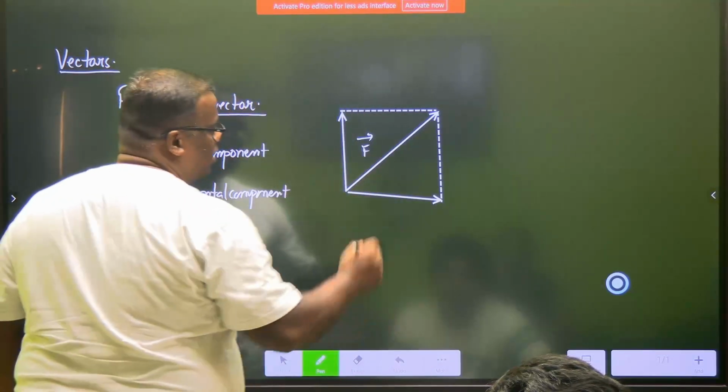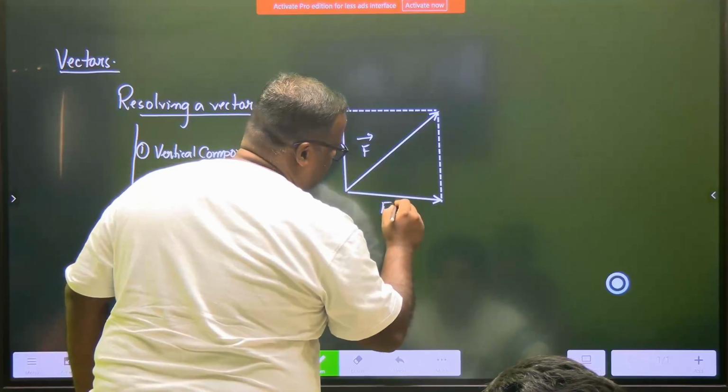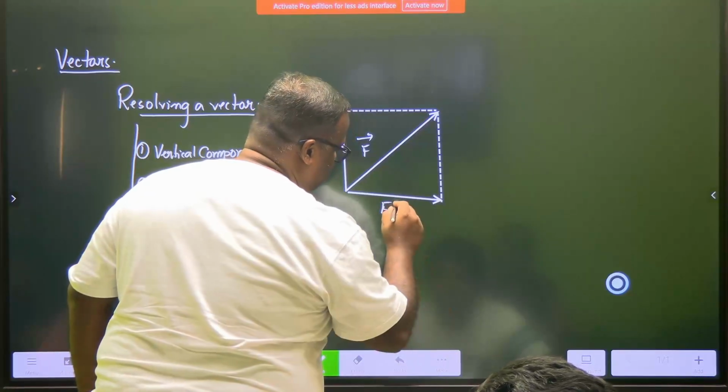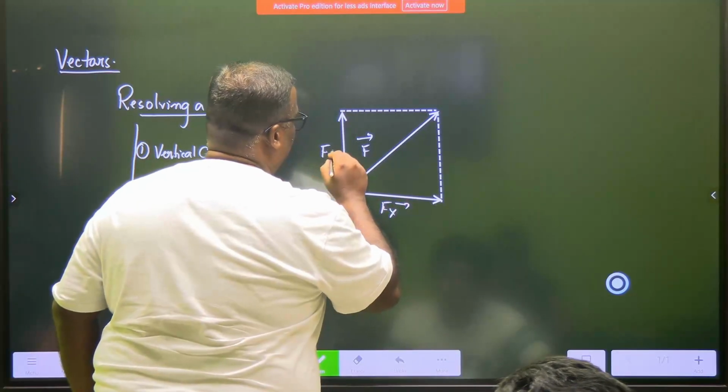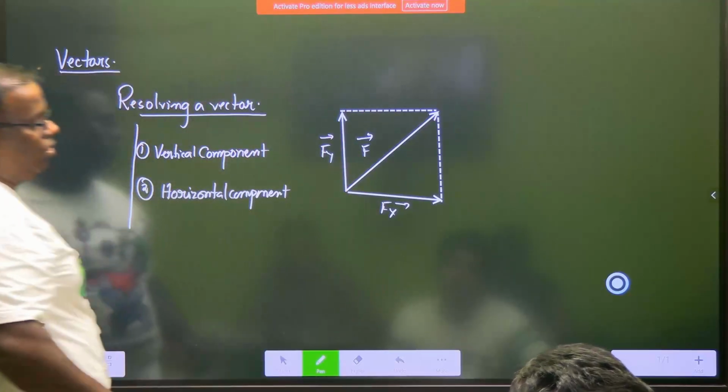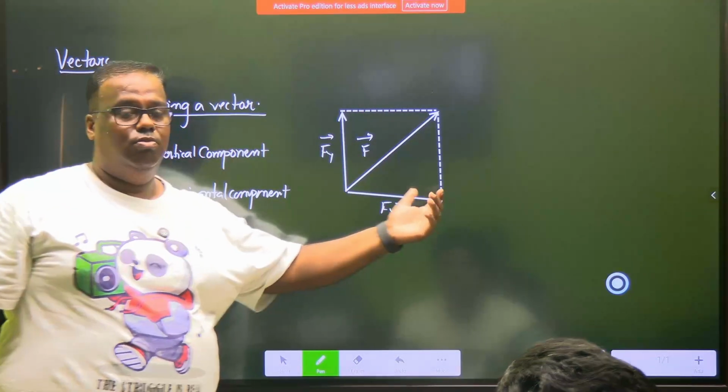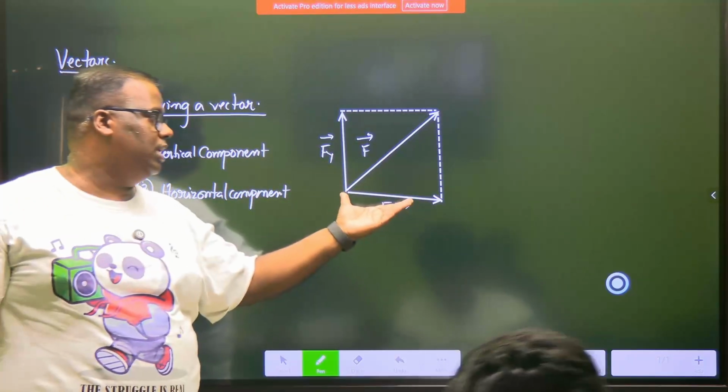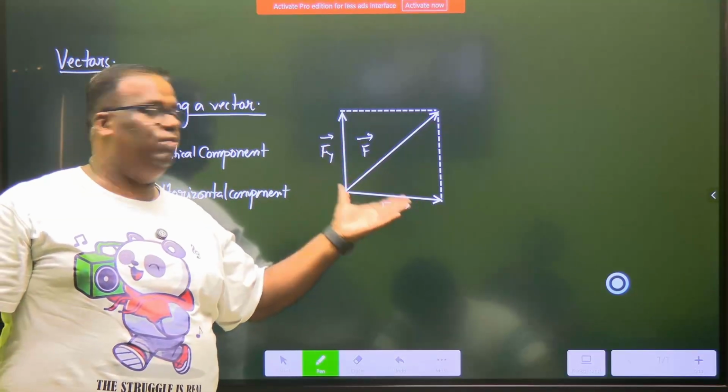Right. So this F vector has been resolved into two components. One is the horizontal component and one is the vertical component. Horizontal means it is along the X direction. Vertical is along the Y direction. We can call it FH, FV or FX and FY.